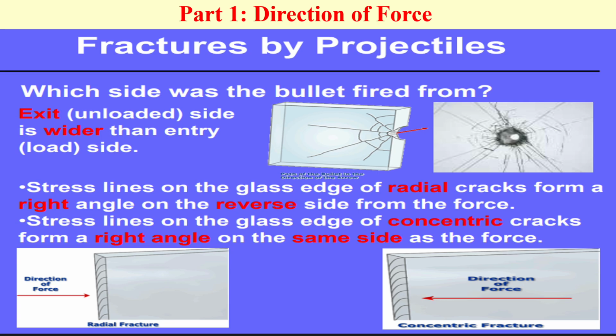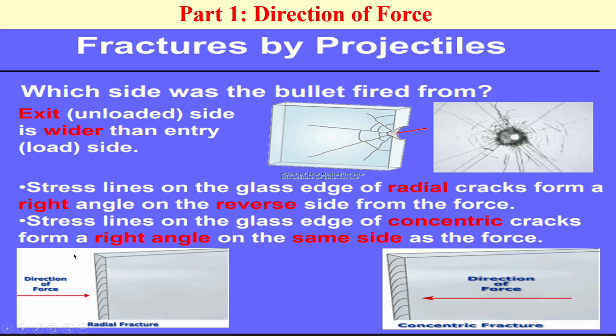Now, how to determine the direction of the force? I have told you, first you have to determine the nature of the fracture, whether this is a radial fracture or the concentric fracture. In the radial fracture, suppose you pick up a piece of broken glass that contains a radial fracture.